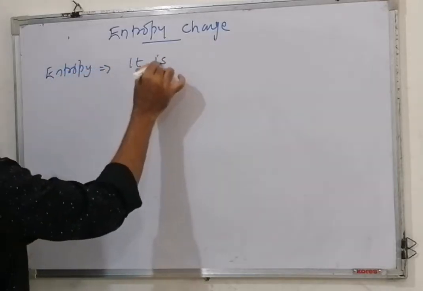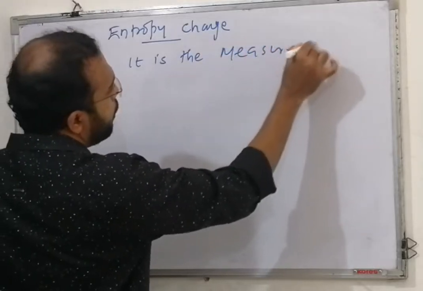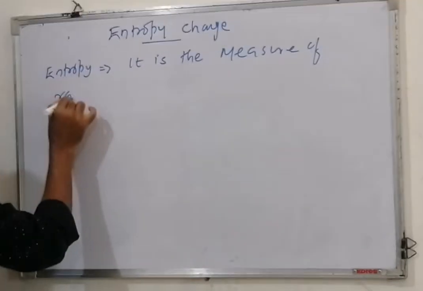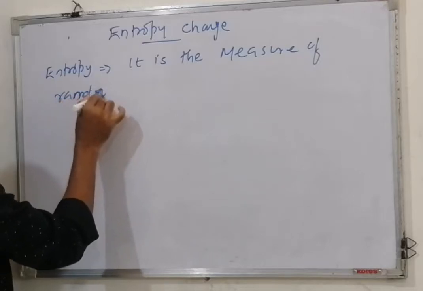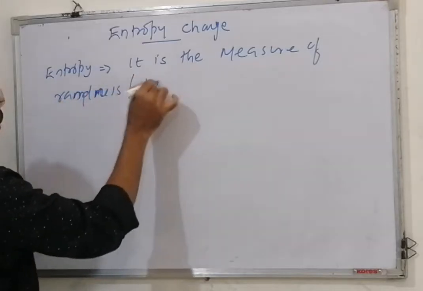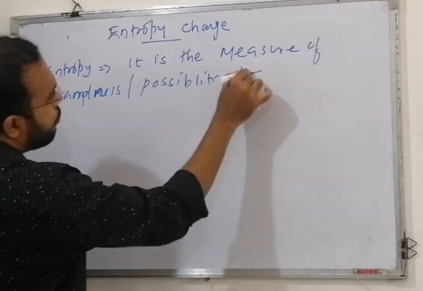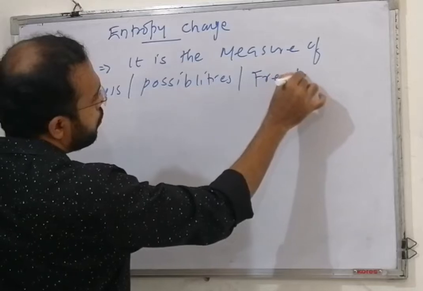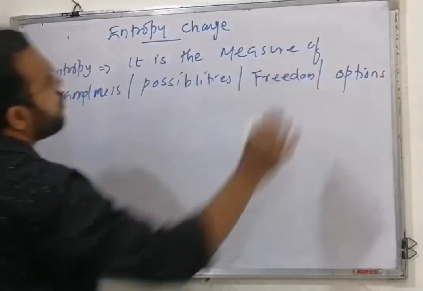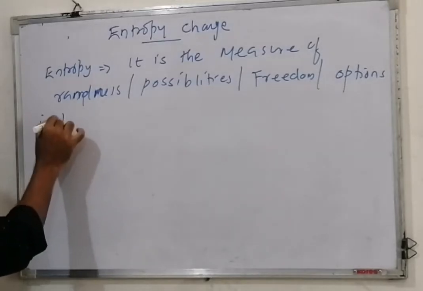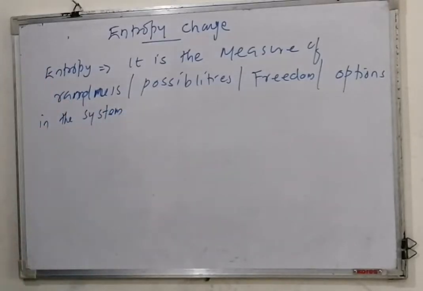Entropy is the measure of randomness or possibilities or freedom or options in the system.